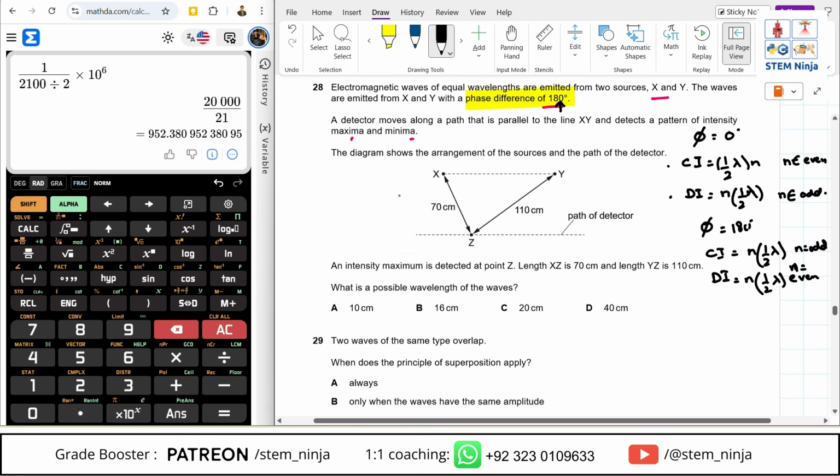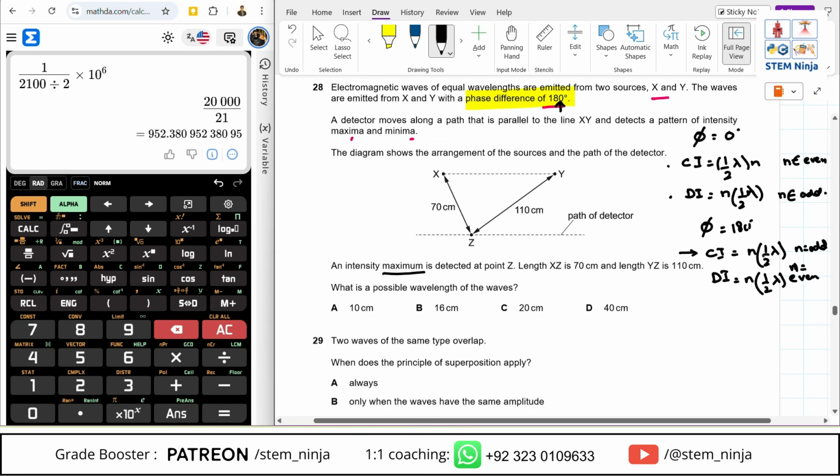According to the question, we have an intensity maximum. At intensity maximum, this means that this is a constructive interference. So we are supposed to have an odd multiple of half wavelength, right? So we need to figure out, first off, what is the path difference.